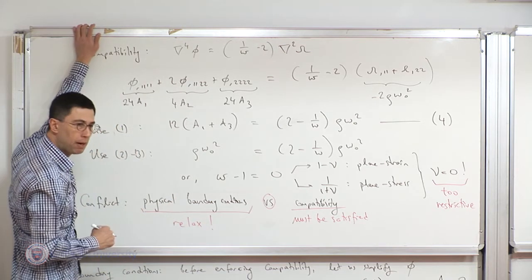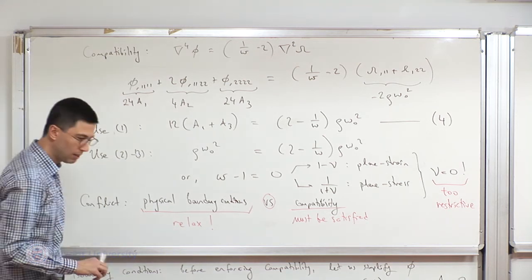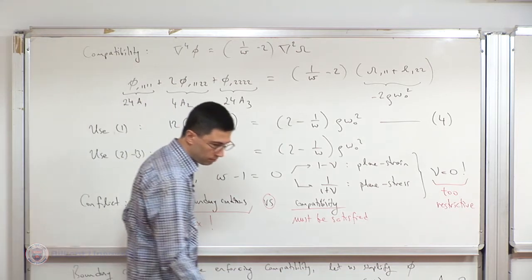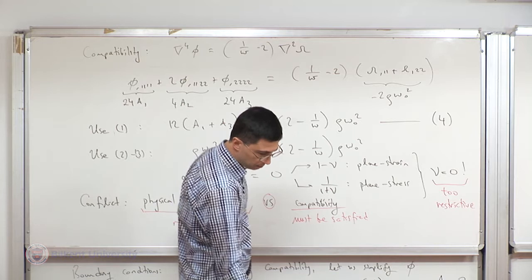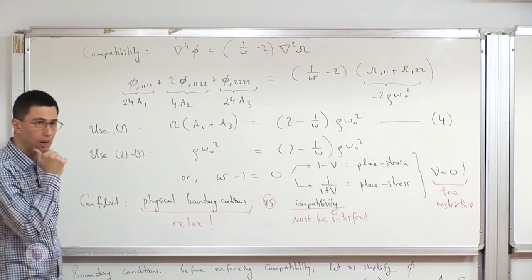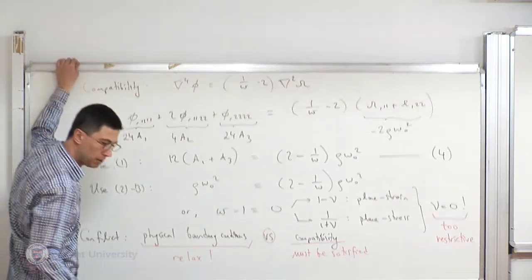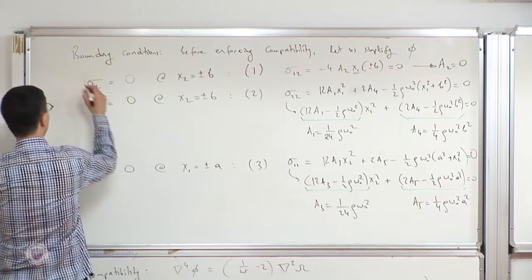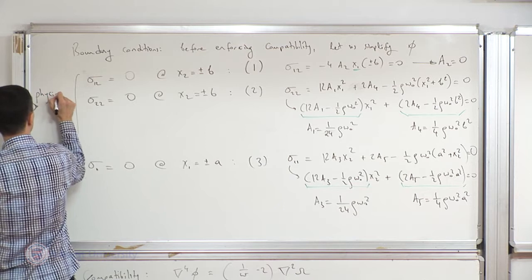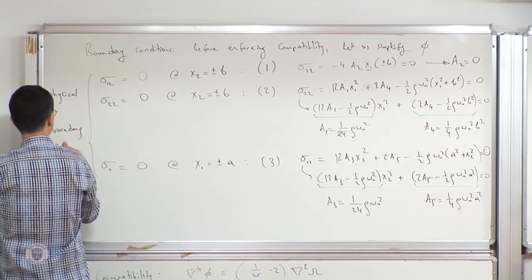And what I mean by relax, and if you want to write anything, go ahead. I'm going to slide this board. So that will mean, eventually, the following. Here I have 3 boundary conditions. These are my physical boundary conditions.